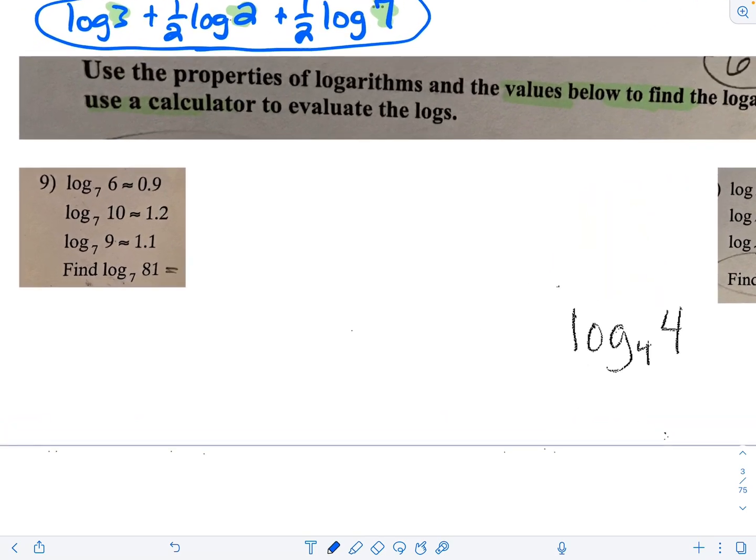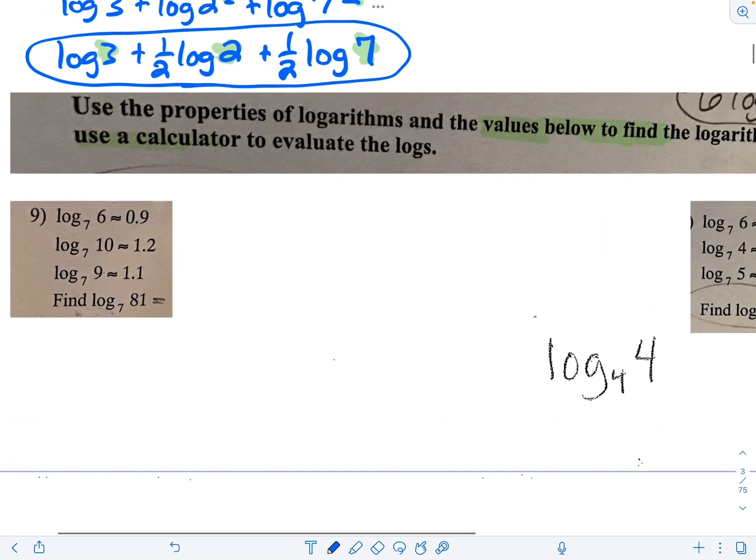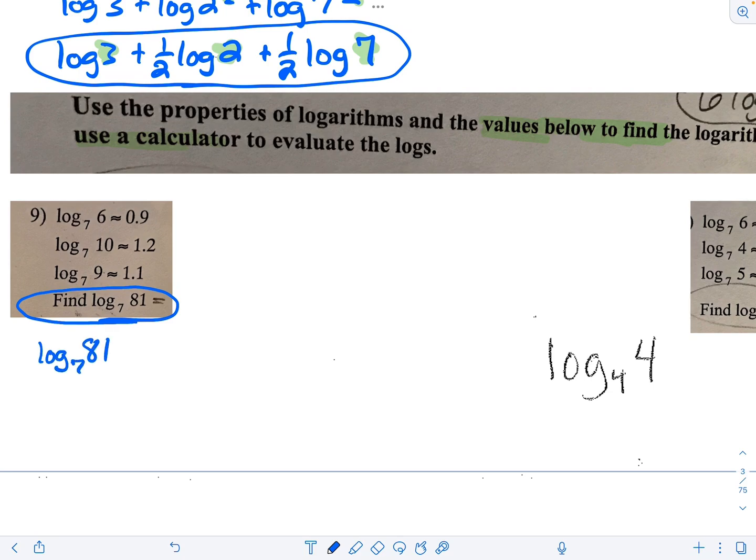So number 9 here, this example, we're given that the log of 6 base 7 is 0.9, 7 raised to the 1.2 power is 10, and the log of 9 base 7 is 1.1. With that information, or some of that, find the log of 81 base 7. So, log of 81 base 7.